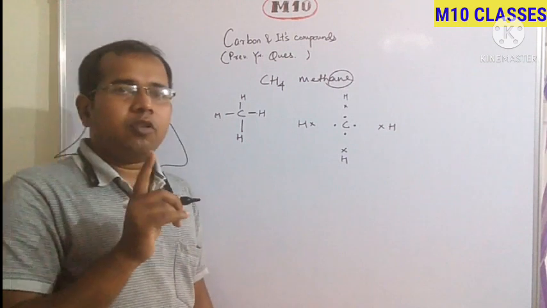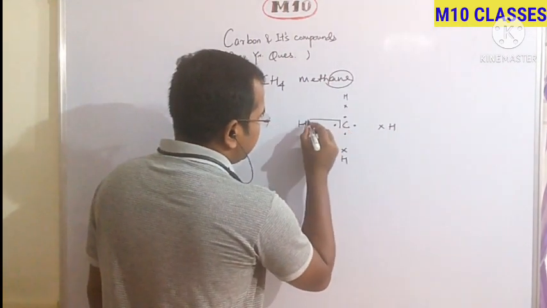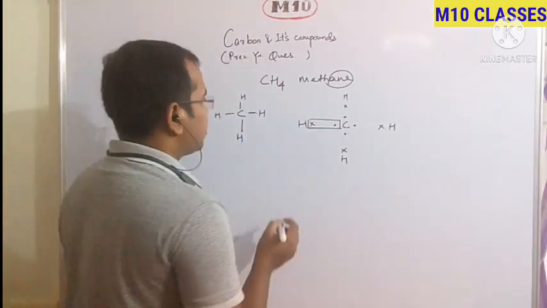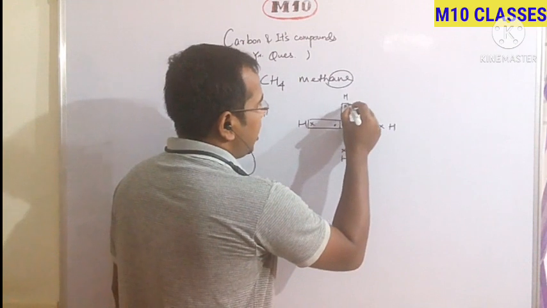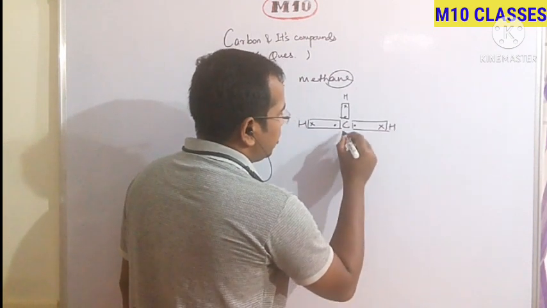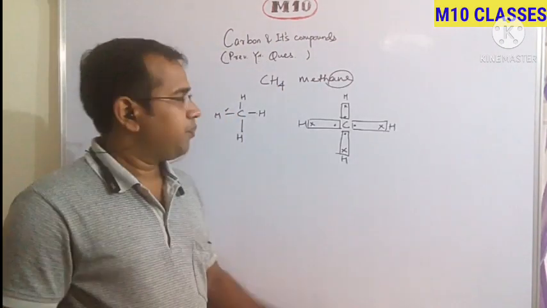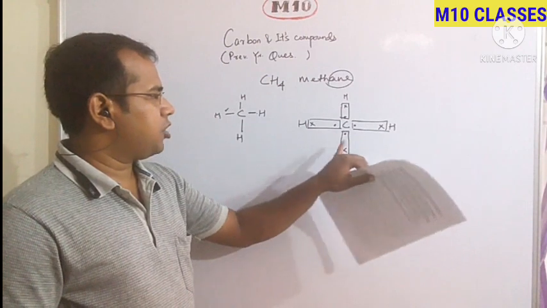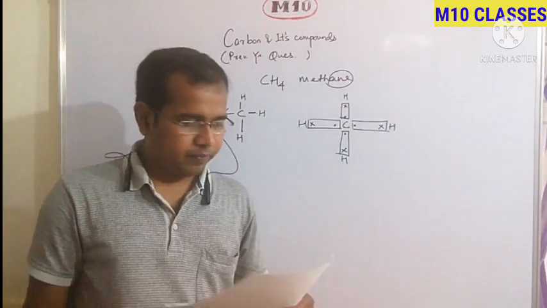Now a single bond will be formed by the sharing of 2 electrons. So here this pair of electrons are shared, will show this bond, single bond. Now likewise this pair of electrons will be shared and this will be your electron dot structure. Here I have given dot and cross for the electrons of carbon and hydrogen separately.